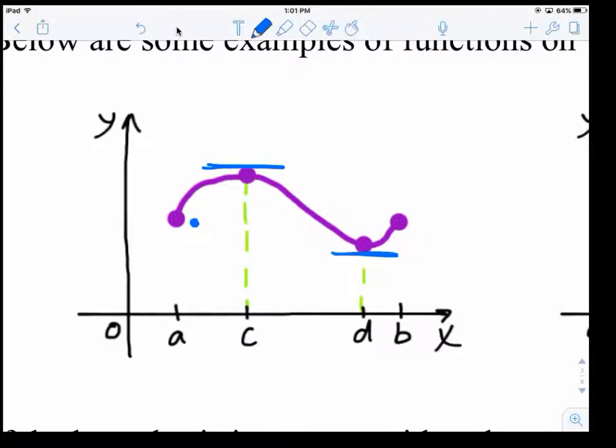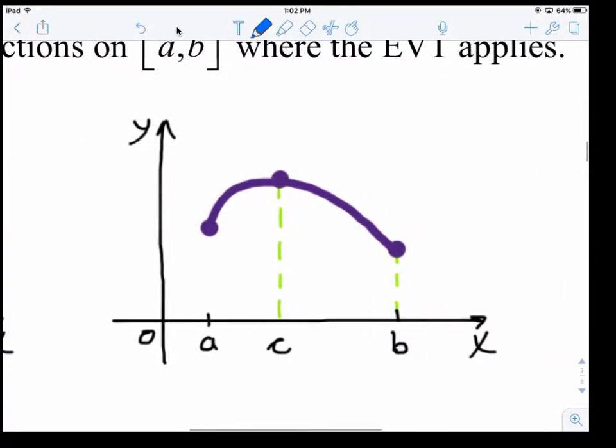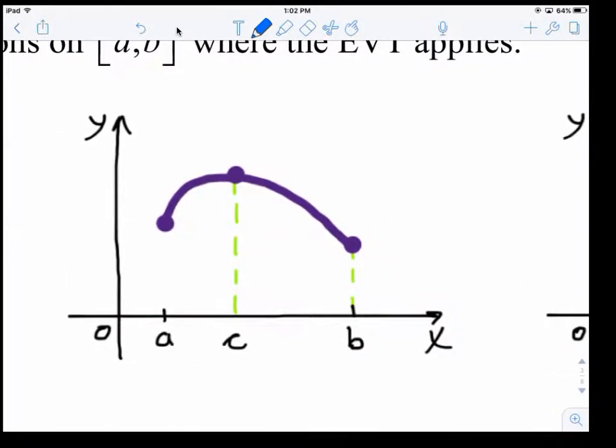Okay, so you can have a min or a max appear when the derivative is equal to 0. This other one, your max is again when your derivative is equal to 0. And your min is at where? b, which is a what? That's an endpoint, right?